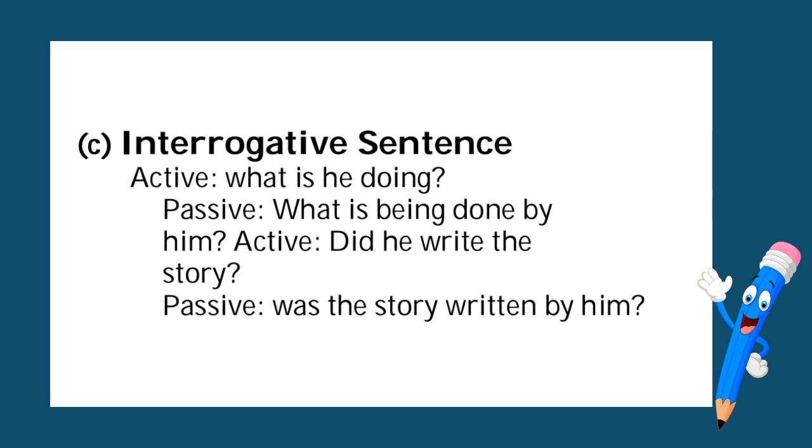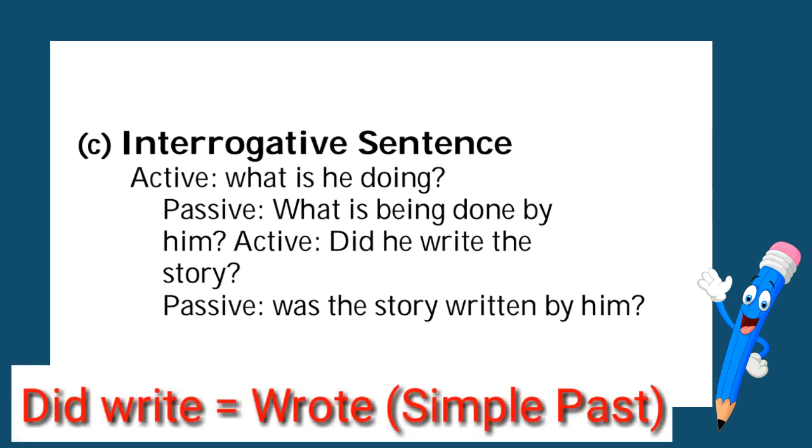Was or were plus past participle, that's what we wrote here. Okay, so the auxiliary verb was is used at first. Was, then the subject, the story written by him. Was the story written by him. Okay, so did write means wrote. It is in simple past. That should be remembered. I think you understood this.